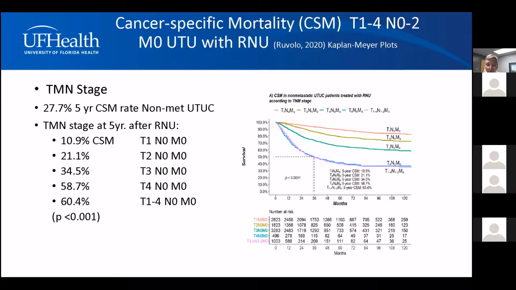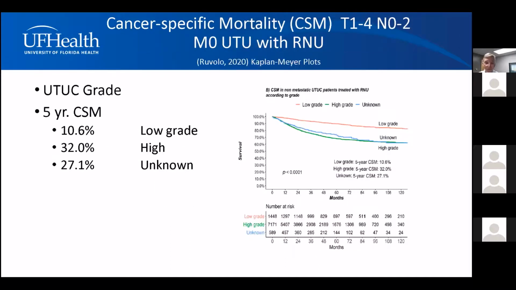It's not that simple, but that's a good way to remember it. If you can look at it, a stage T3 disease here has a cause-specific mortality of 35%, which is exactly the same as a high-grade disease. Mark, if you want to move to the next slide, please. Yes, it's about the same 1/3 mortality.